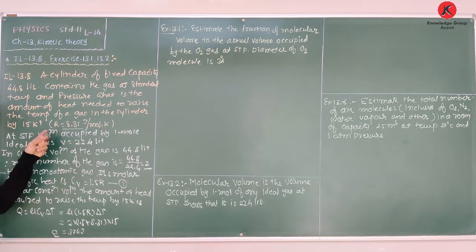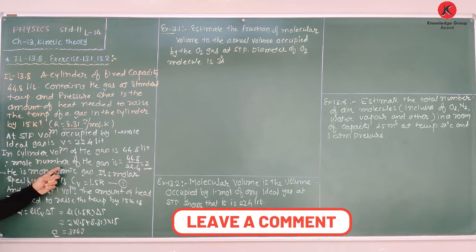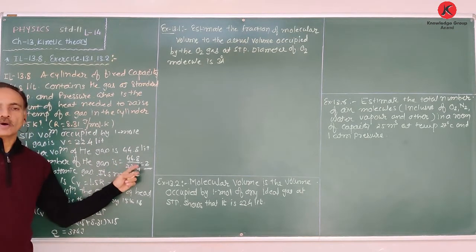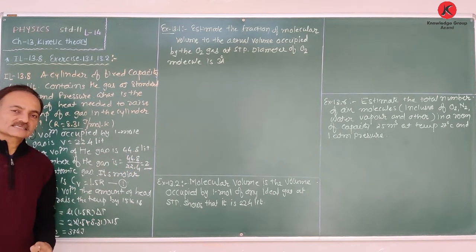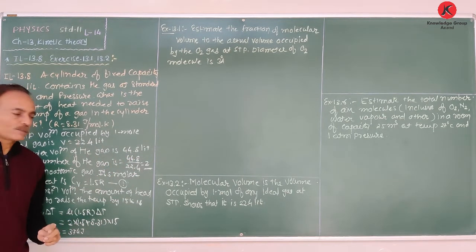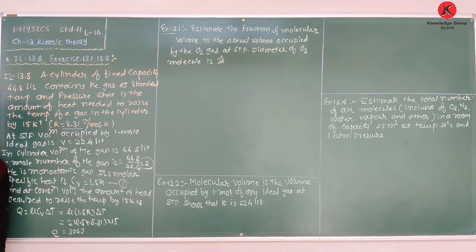That is the standard value at STP. Now, in the given cylinder, the volume of helium gas is 44.8 liter. Therefore, the mole number of helium gas in the cylinder is the volume of the cylinder divided by the volume of 1 mole of ideal gas, that means 44.8 divided by 22.4. So 2 mole is the helium gas filled in the cylinder.